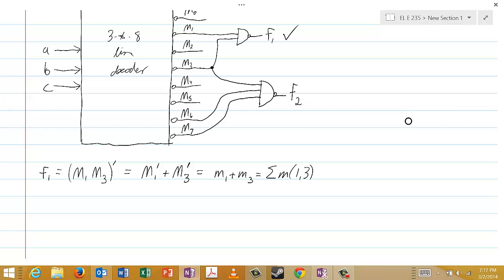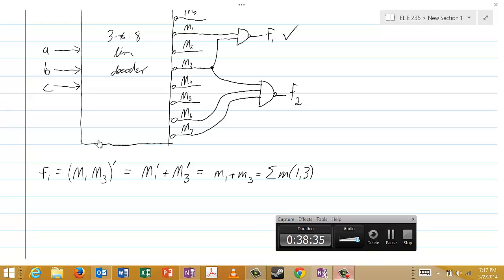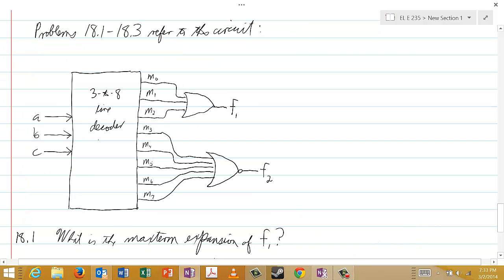And now let's look at some problems for this lecture. So now for the problems for lecture 18. All 3 problems will deal with this circuit shown here. And notice that our inputs are A, B, and C. We have a 3 to 8 line decoder.